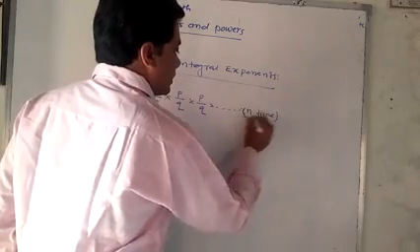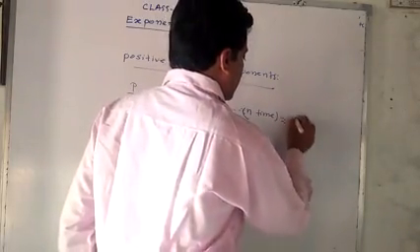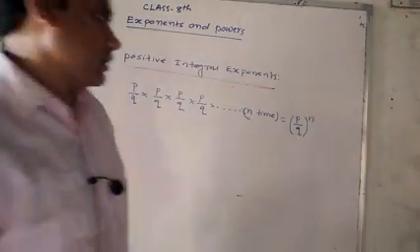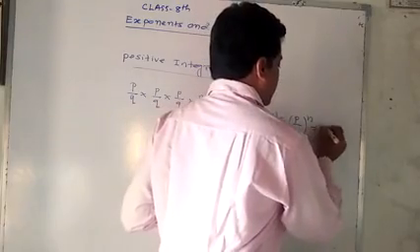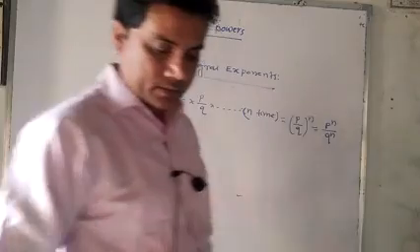We write it as p by q to the power n. We also write it as p raised to the power n upon q raised to the power n.